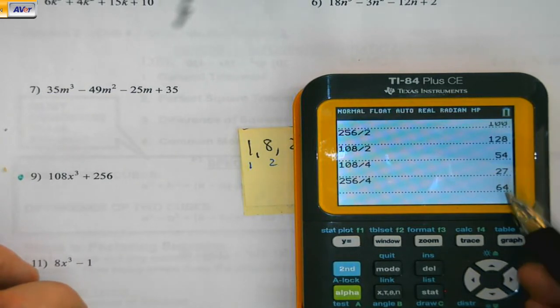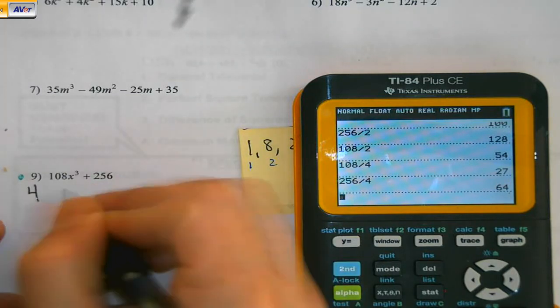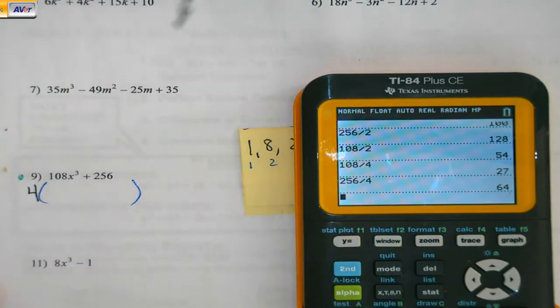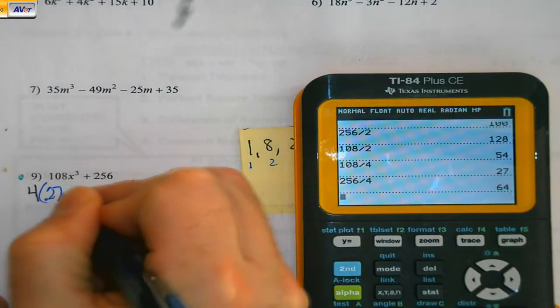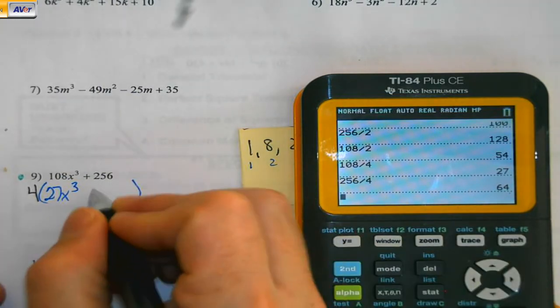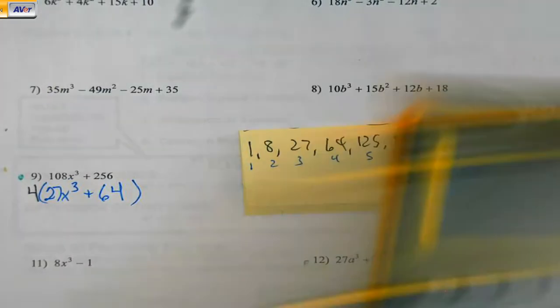Does something still go into 27 and 64? I don't think so. So let's try 4. If I pull out a 4, again, the bigger the better, I get 27 with my x cubed, and I get 64 with that part.